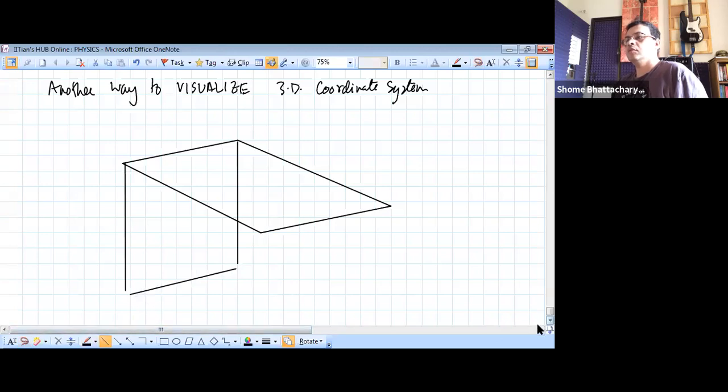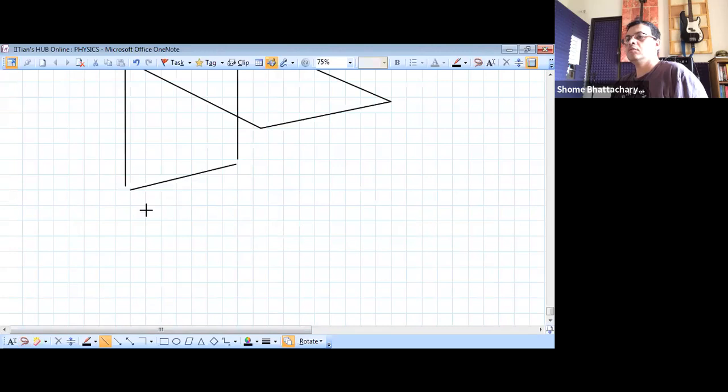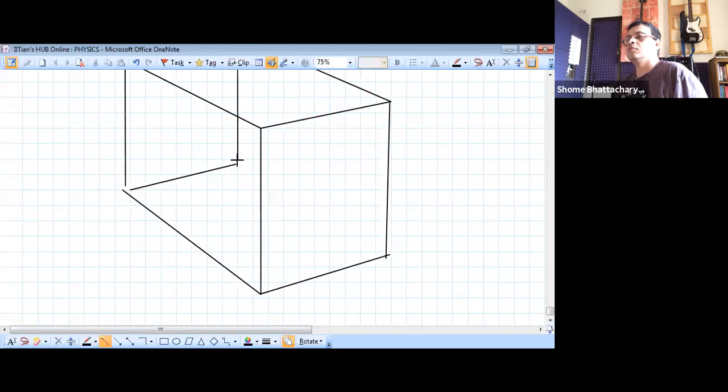Not a perfect diagram, but it will do for now.